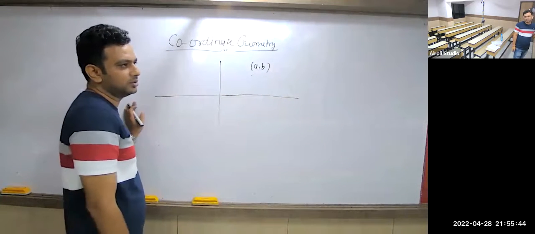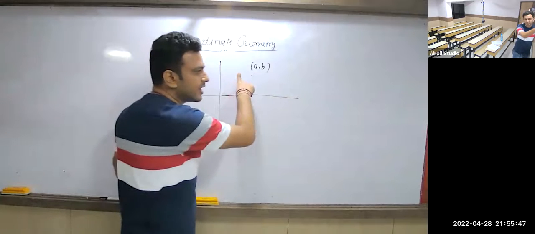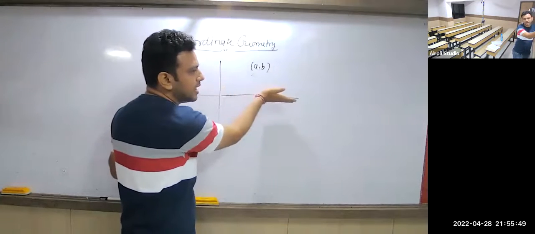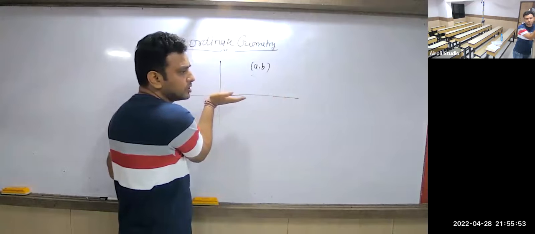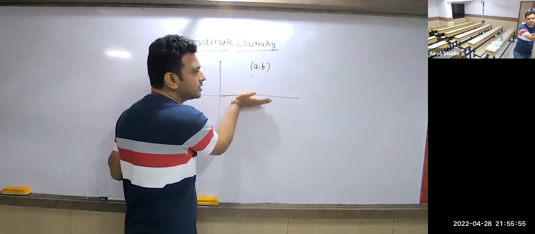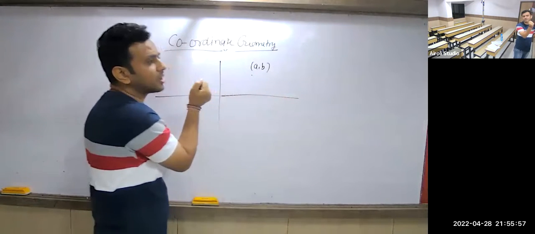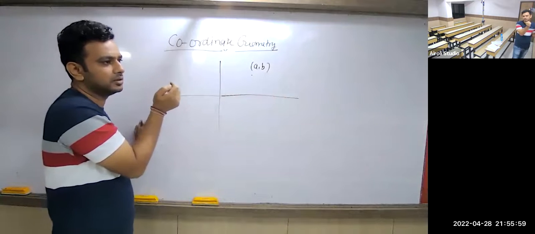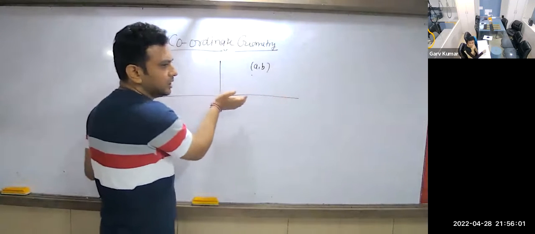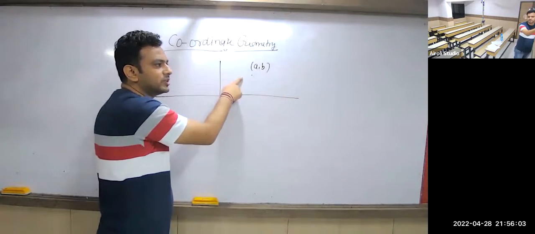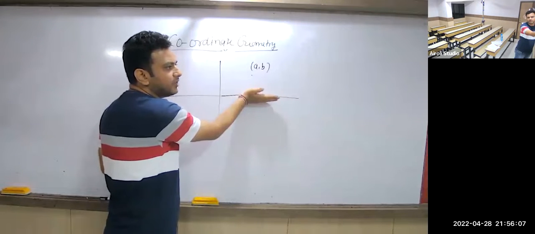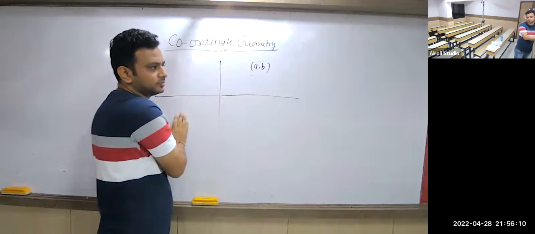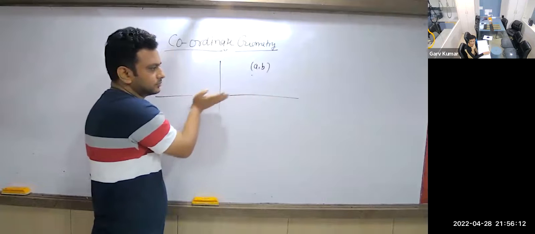I want a reflection of this point about the x-axis, taking the x-axis as a mirror. In which quadrant will the reflected point lie?